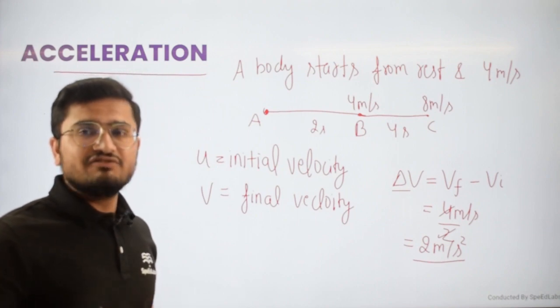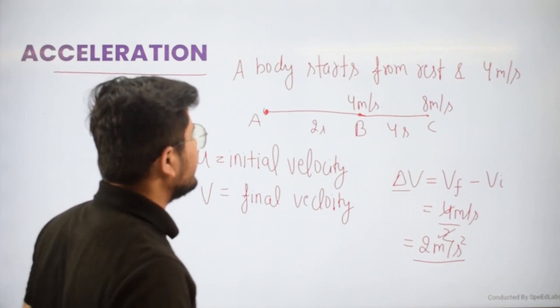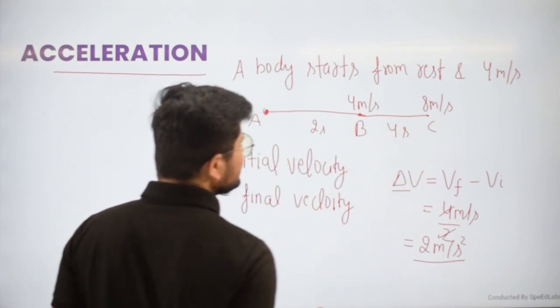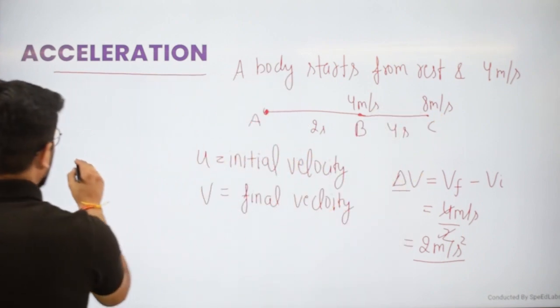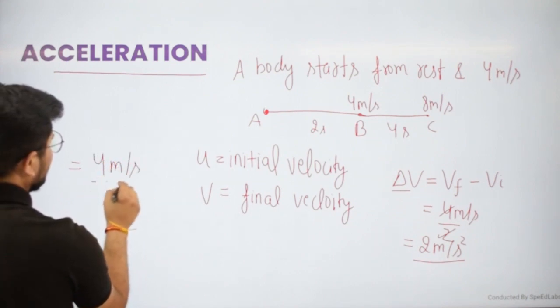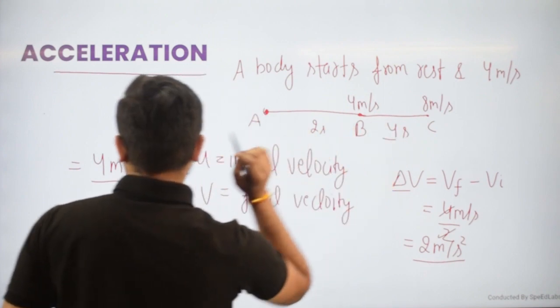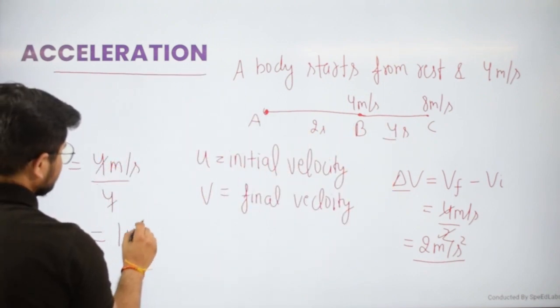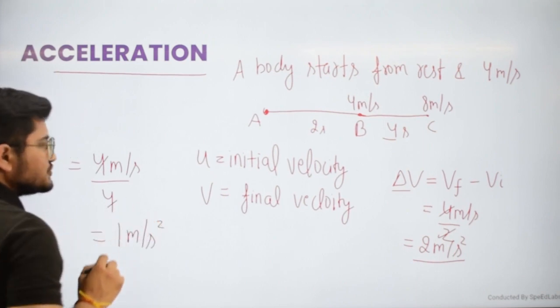So can we find out the acceleration here? Yes, we can. Again, the change in velocity is 8 minus 4, how much? 4 meter per second. And the time he took was 4 seconds. So how much? 1 meter per second square.